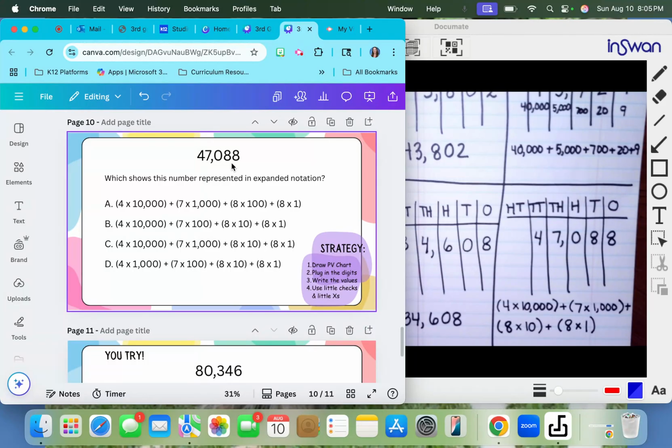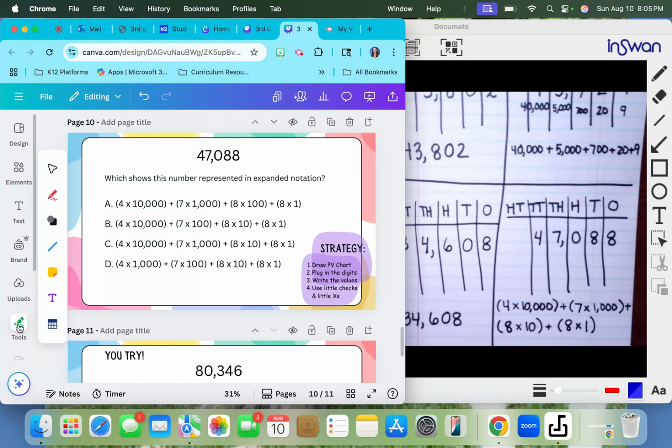How cool is that? All right, so now that we have ours, we need to use little checks and little X's to figure out which one of theirs matches ours. So let me get out our pen. All right. Let's get ready to do little checks and little X's. A has 4 in the 10,000s, do we? Yes, we do.